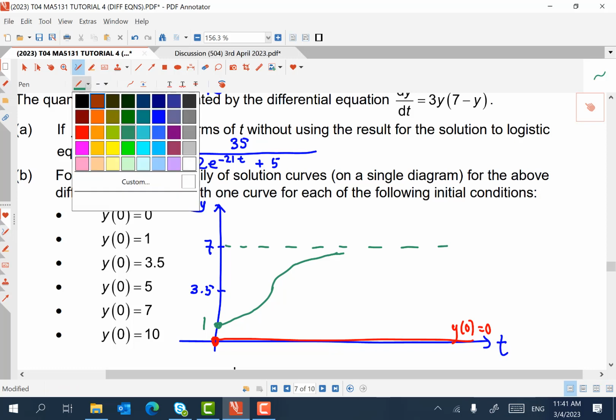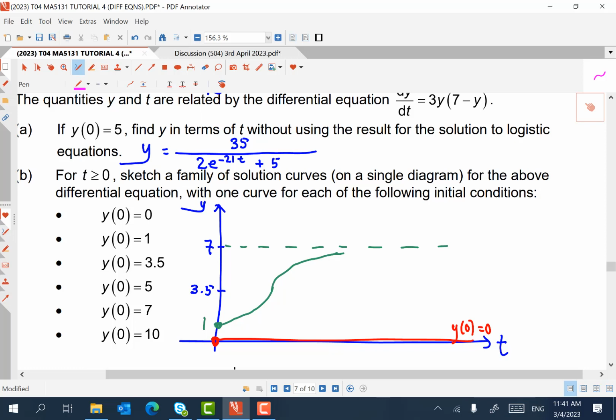If you start with 3.5, you only have this part of the graph.